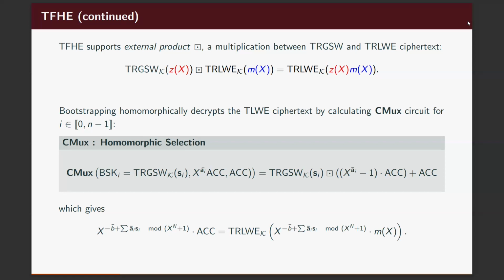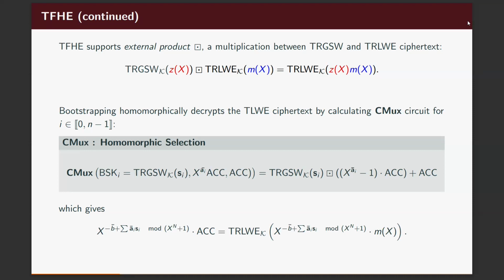The controlled MUX is a homomorphic selection algorithm to select between the rotated accumulator or the original accumulator based on the value of s_i. If s_i encrypts 1, it selects the rotated accumulator, the accumulator multiplied by X to the power a_i, or if it encrypts 0, it just selects the original accumulator.